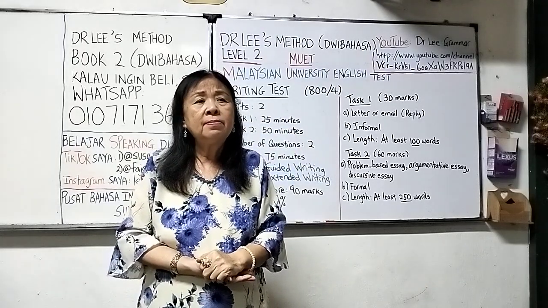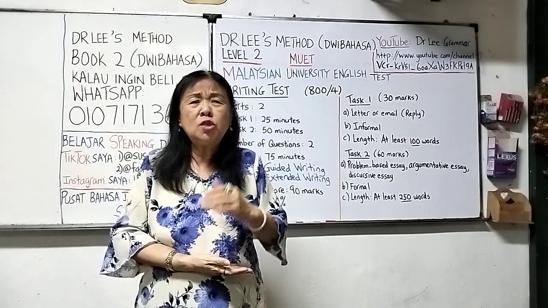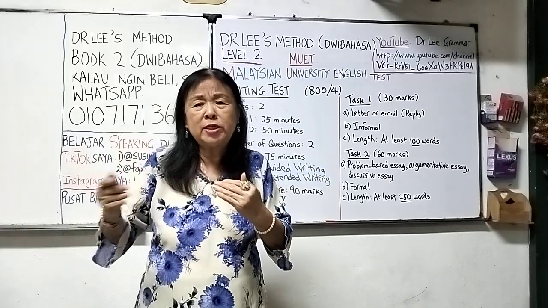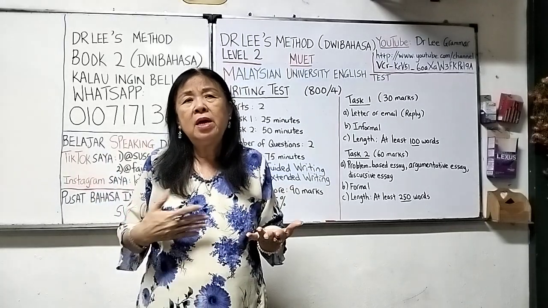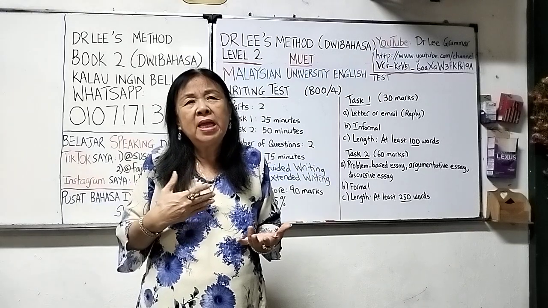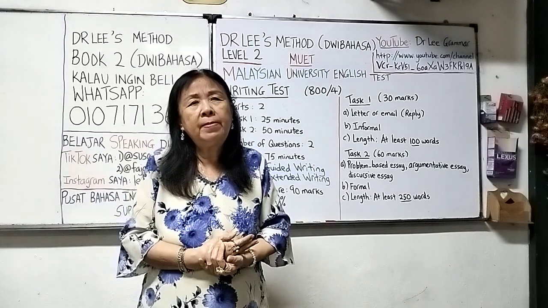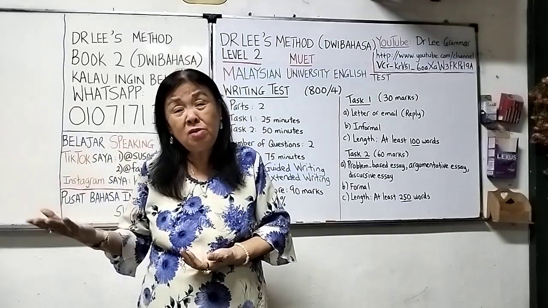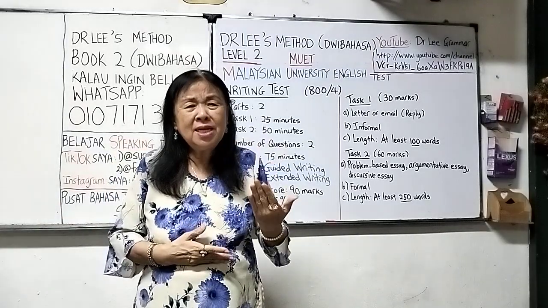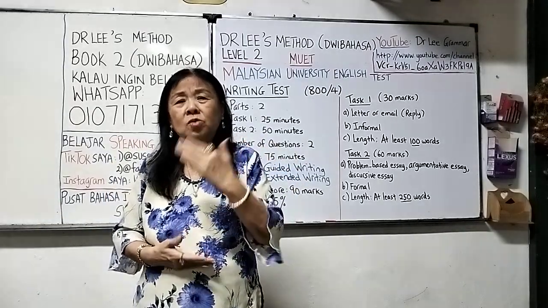Because if there is no yardstick, no measurement, no forcing, I wouldn't use the word forcing, I mean, if there is no ensuring that you know English very well before you enter university, the person who is going to suffer is you.